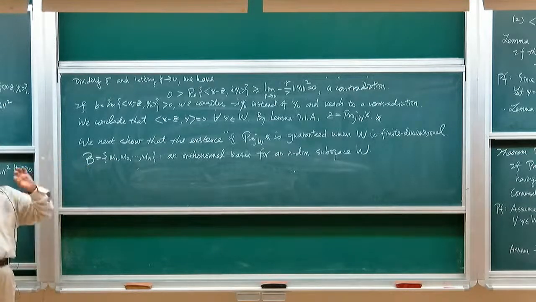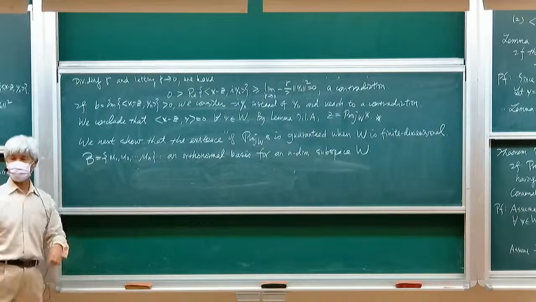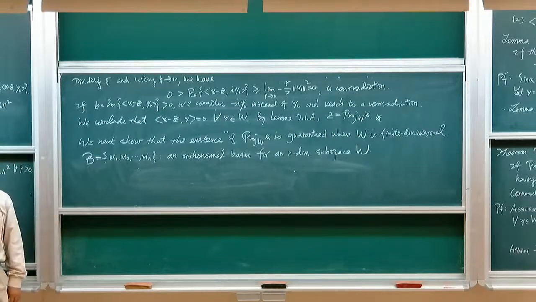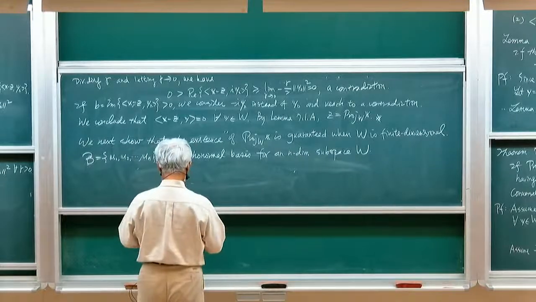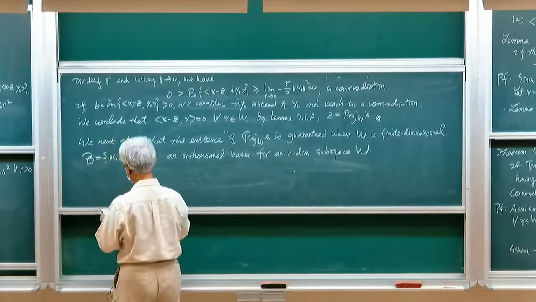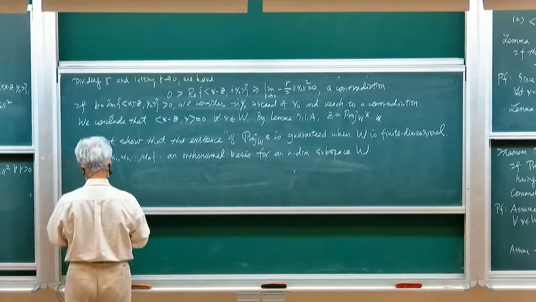The answer is yes, but we will discuss that in the next section by providing a procedure to find an orthonormal basis from a basis for a finite dimensional inner product space. So suppose we have an orthonormal basis here.